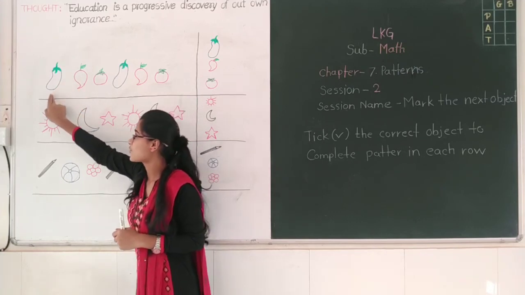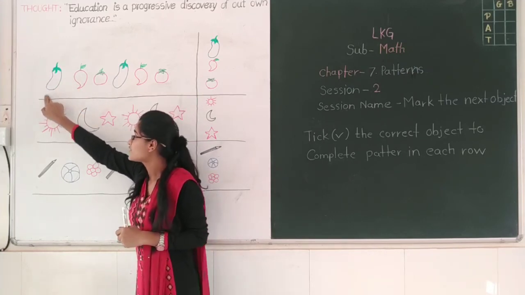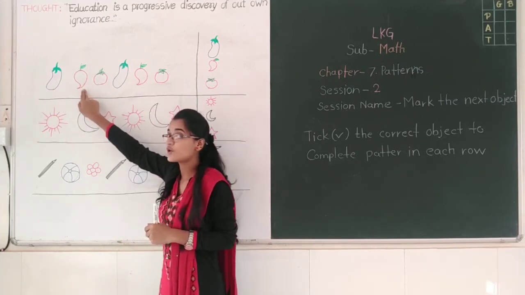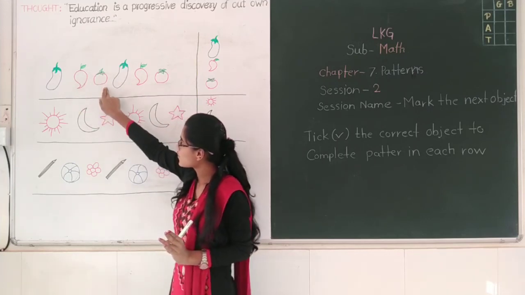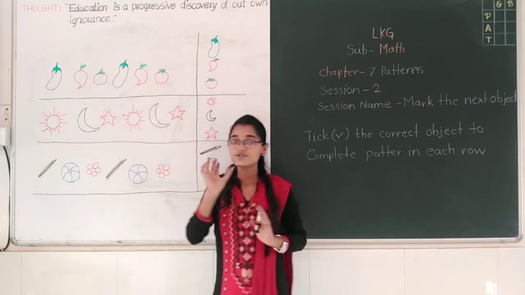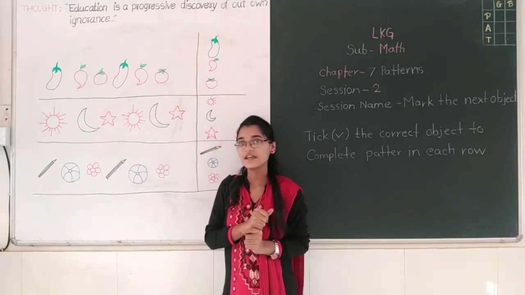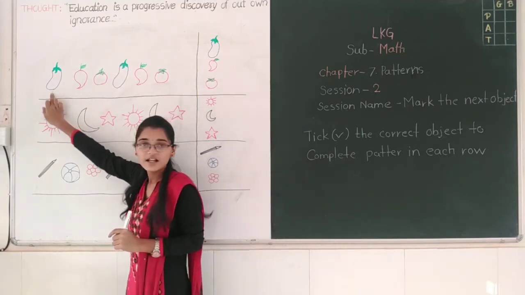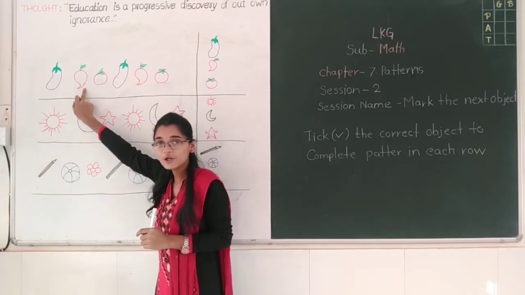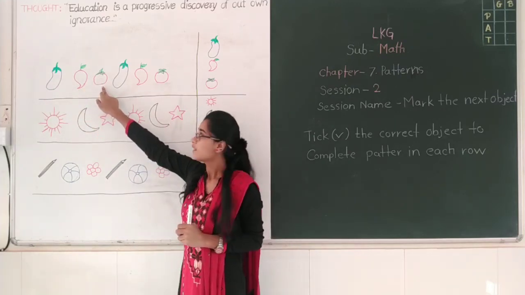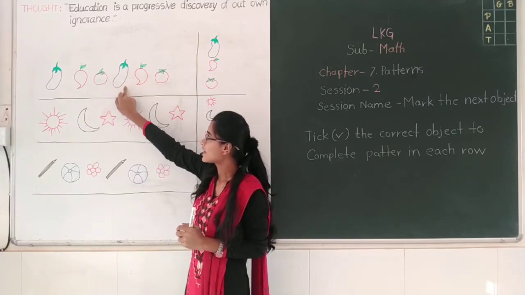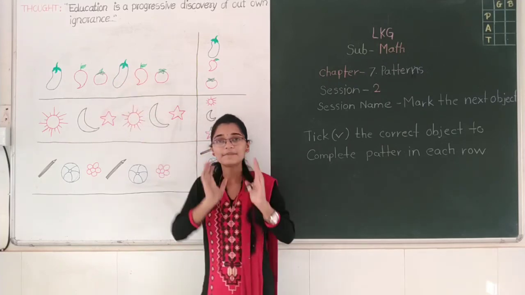So this is the picture of brinjal. After the brinjal, I have drawn one mango. And after the mango, I have drawn one tomato. Brinjal, then mango, then tomato. Now after the tomato, again I have drawn one brinjal.